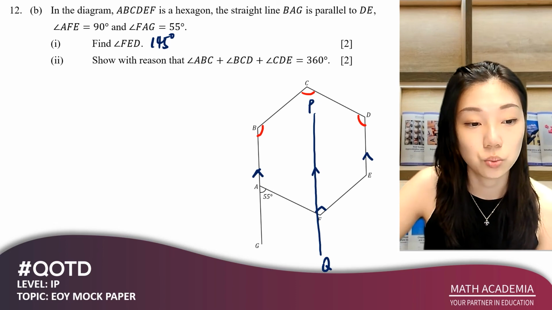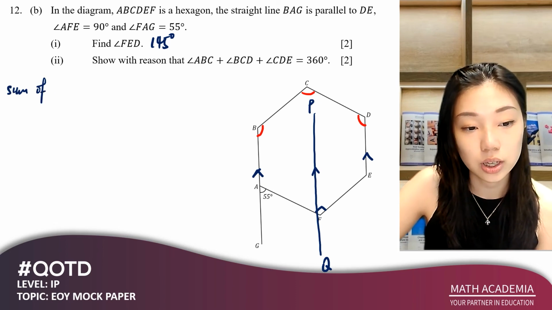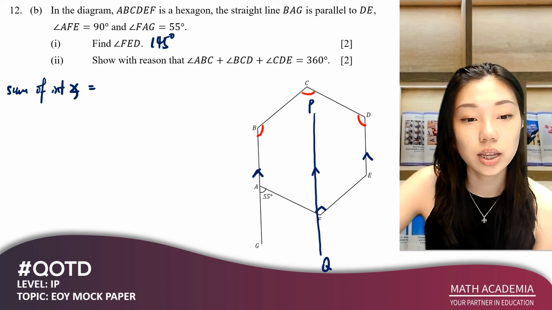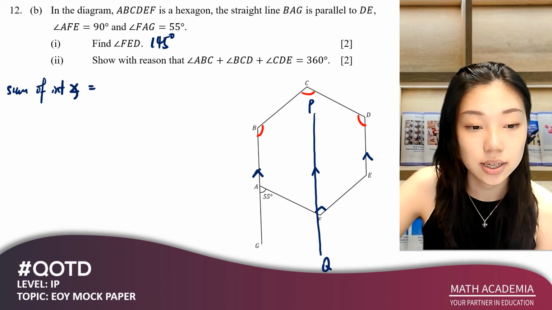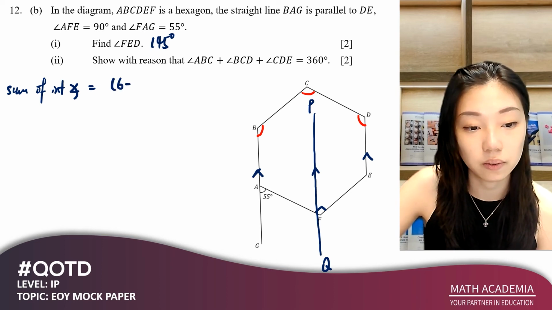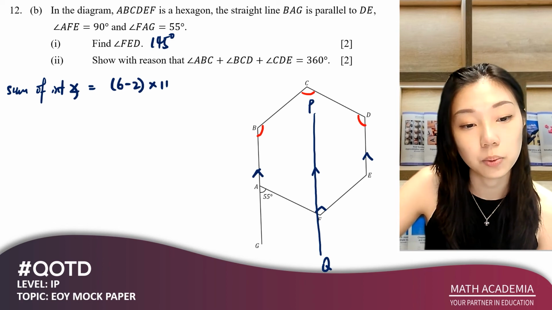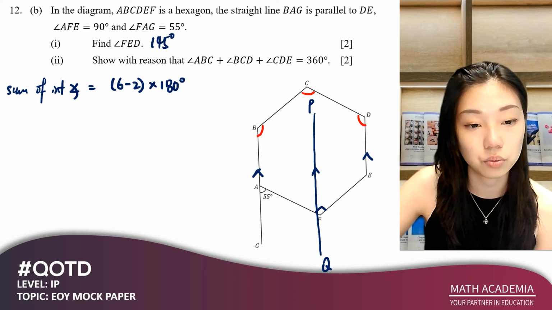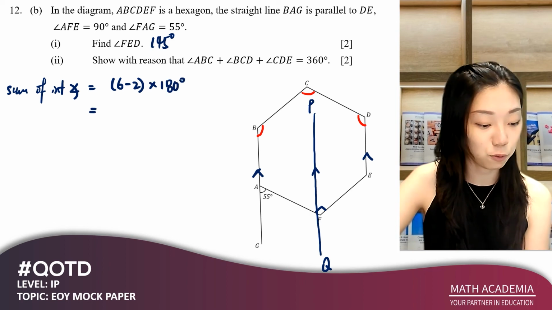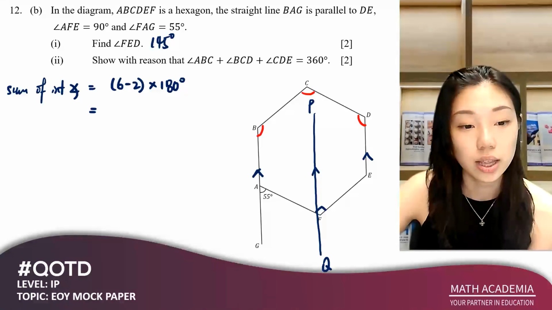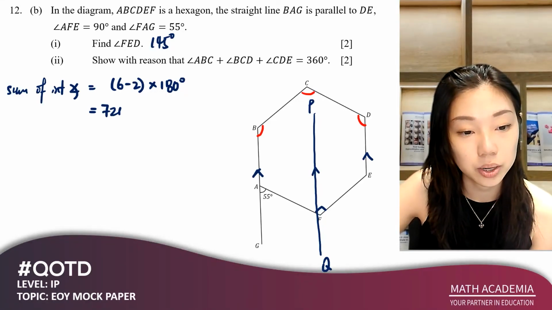First, we find the sum of interior angles. It is a hexagon, so it has 6 sides. The sum of interior angles is 6 minus 2, multiplied by 180 degrees, which gives me 720 degrees.